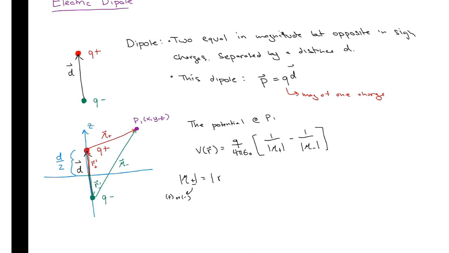Either way, we're going to take the position vector of our point. I didn't actually draw that on the picture, but I can. That would look like that guy, minus our position vectors for our charges. So that would be plus and minus.